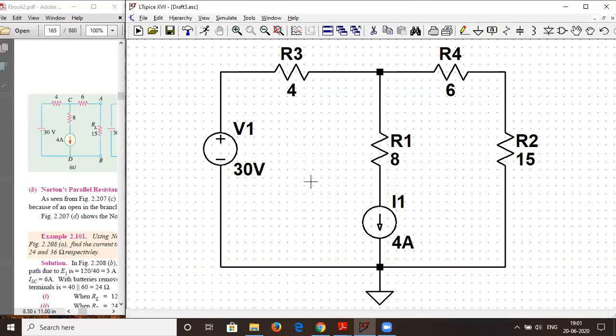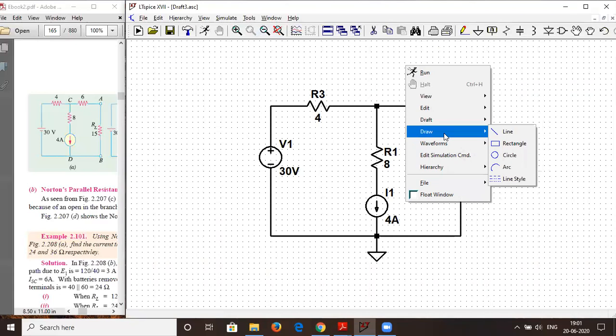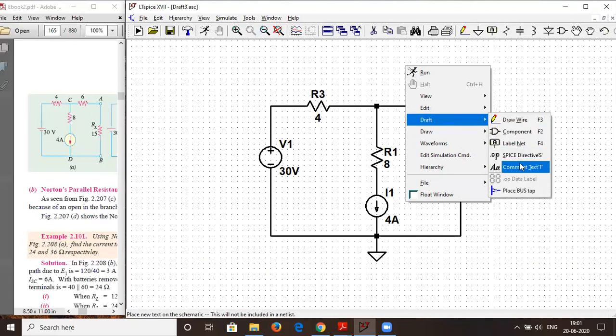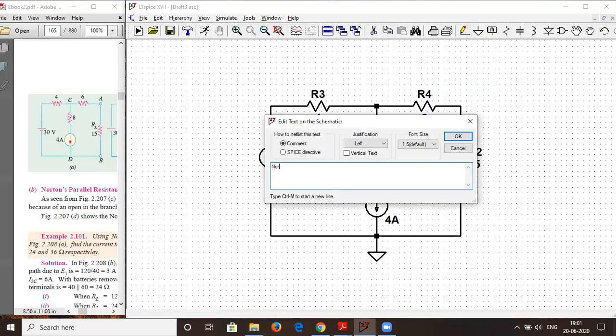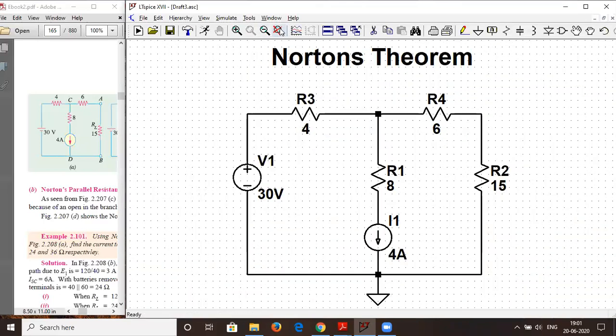Let me write it completely. So this is the main numerical. Let me write the heading: this we have to solve using Norton's theorem. Let me just place it at the top.